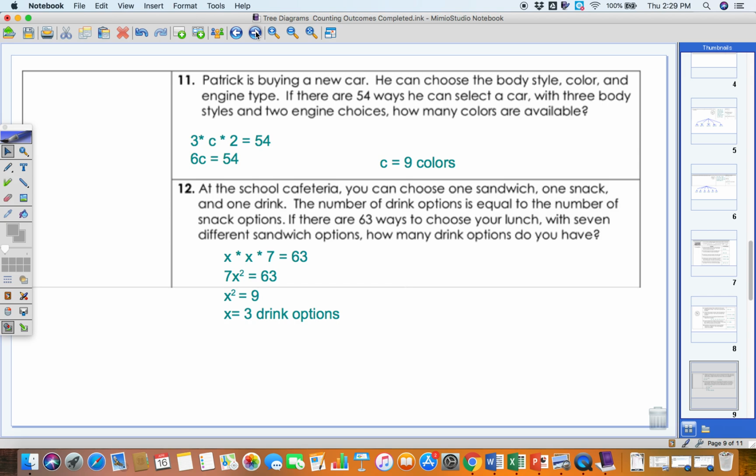X times X is X squared, so 7X squared equals 63. Divide both sides by 7 and you get X squared equal to 9. Then take the square root of both sides to get X equal to 3. So there are 3 drink options. There are also 3 snack options if that had come up.